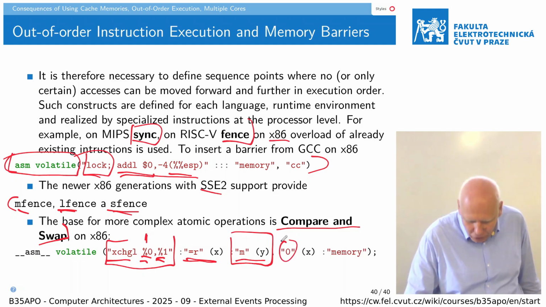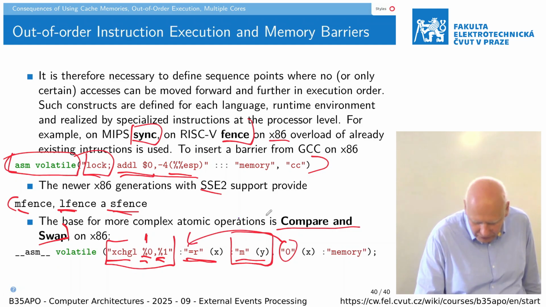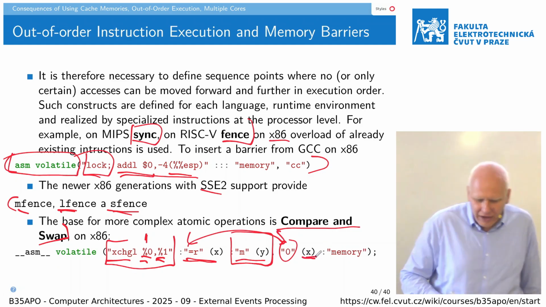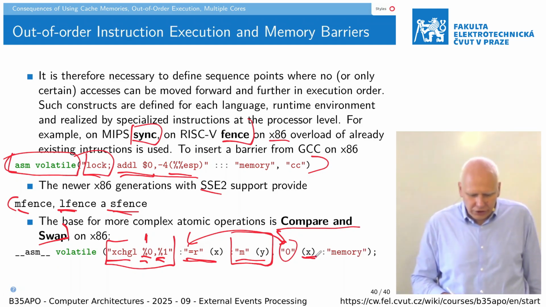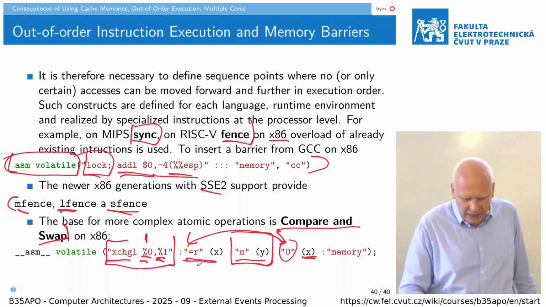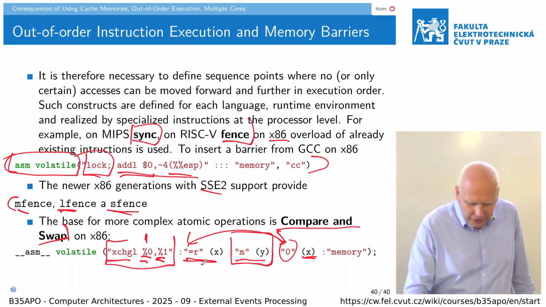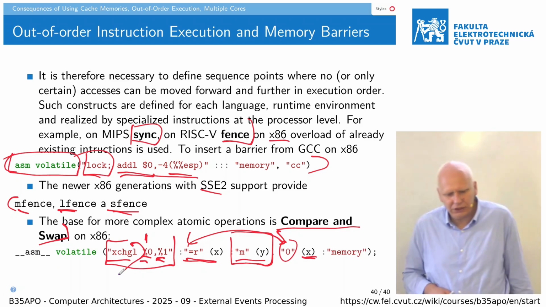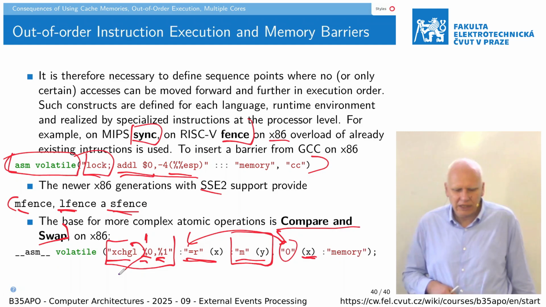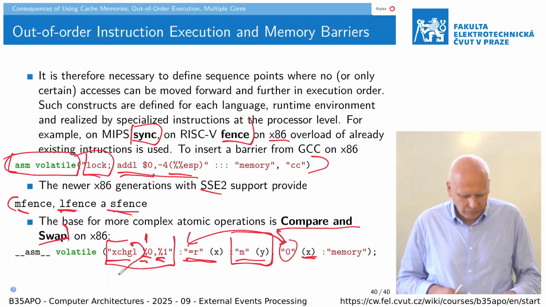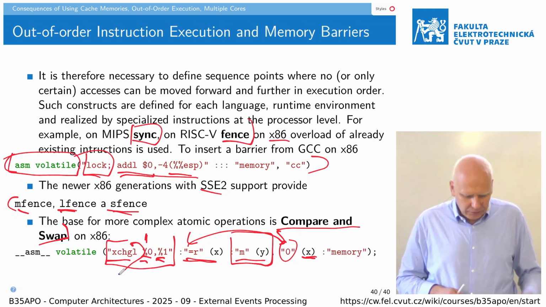And this 0 means that it is the same register, that those registers correspond, where the value is that should be swapped with that location. So there are different possibilities. In fact, this is only the exchange, but there is even an exchange and add operation and so on. So those are the mechanisms by which we can build atomic operations. Okay, so that is all.